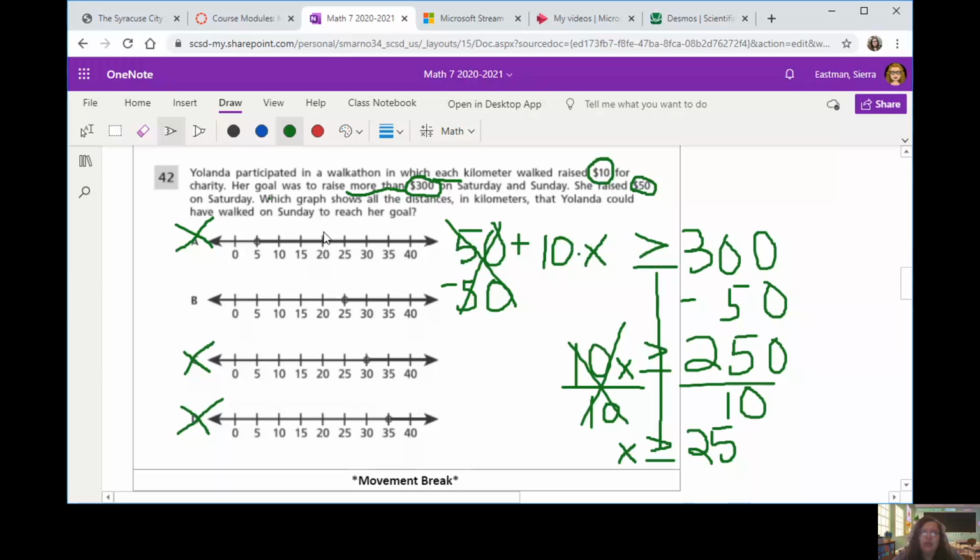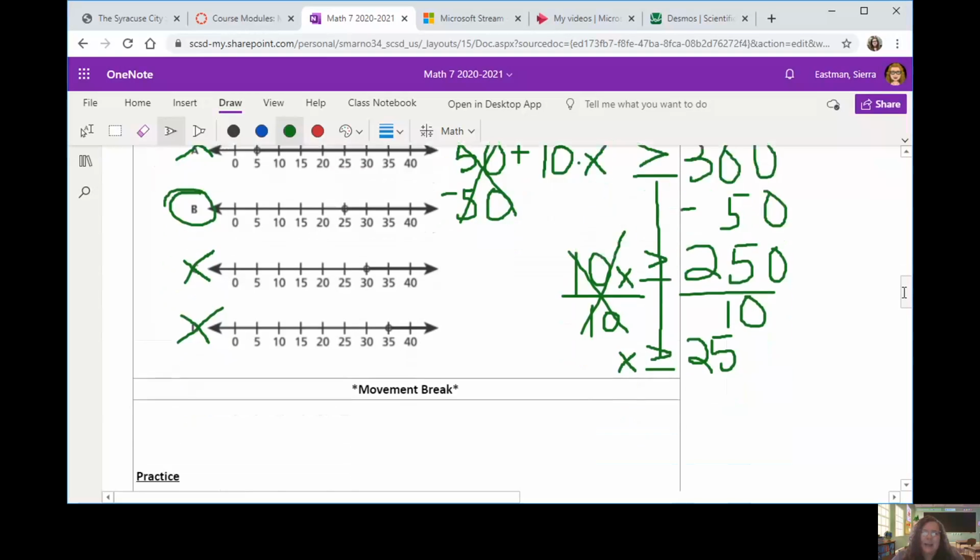If there was another one at 25, then we would still need to check both because what if they colored it in the wrong side? On this piece, it is colored correctly because we want x to be greater. They colored the greater numbers, which is our correct choice. But if we had another choice that had 25 coloring the smaller numbers, we would have to check that too, just to make sure it was the incorrect choice.